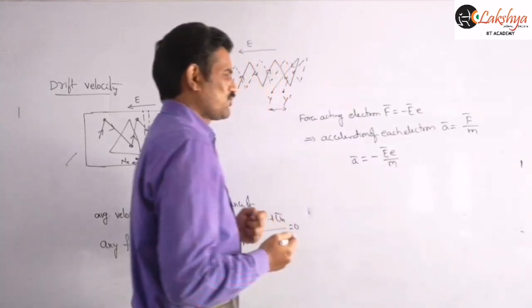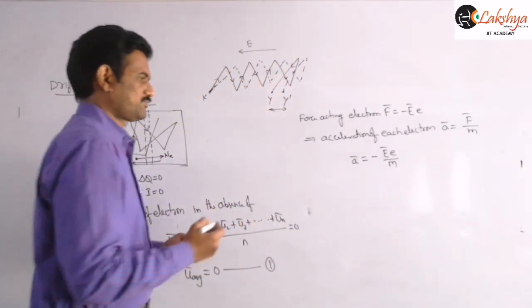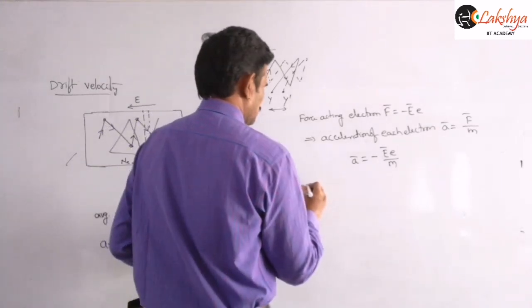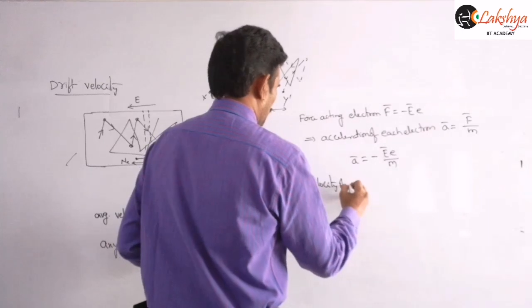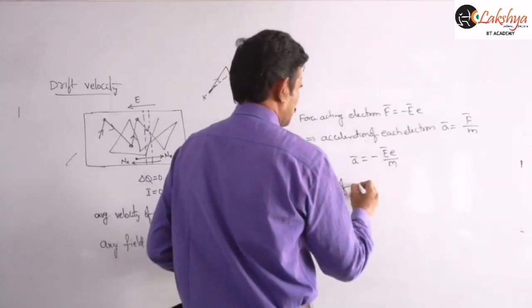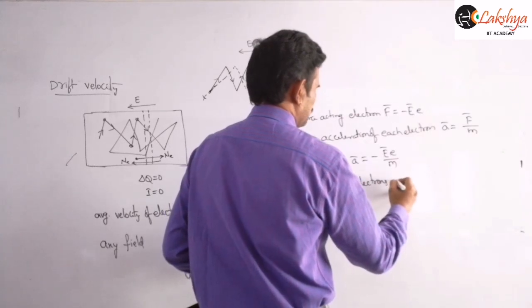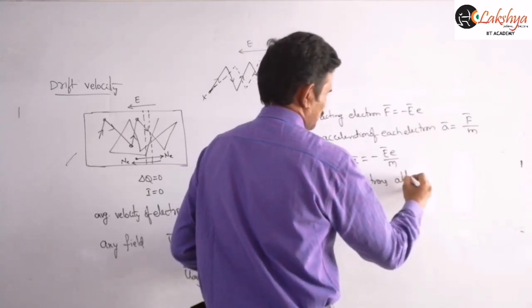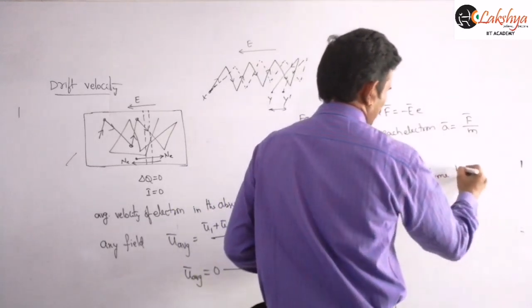Now let us write the velocity of the electrons after time t.